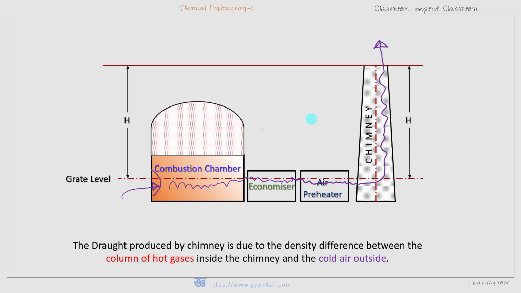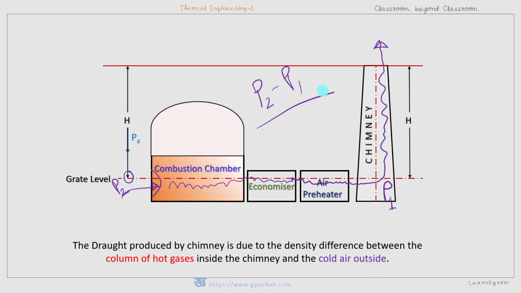For this flow of hot gases from the combustion chamber to the atmosphere, there must be some pressure difference. Suppose P1 is the pressure at the grate level inside the chimney and P2 is the pressure at the same grate level outside the chimney, at the furnace point. So the difference in pressure, P2 minus P1, is responsible for the flow of hot gases.